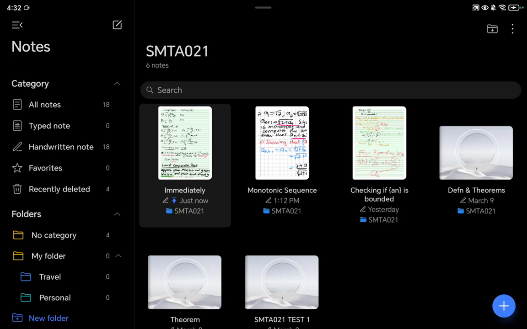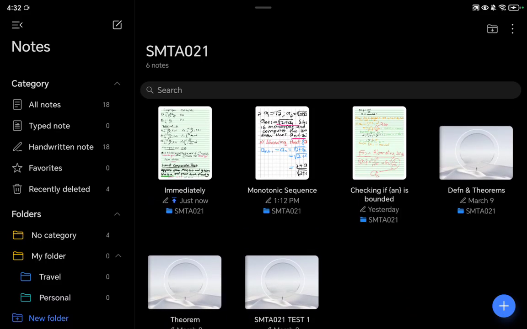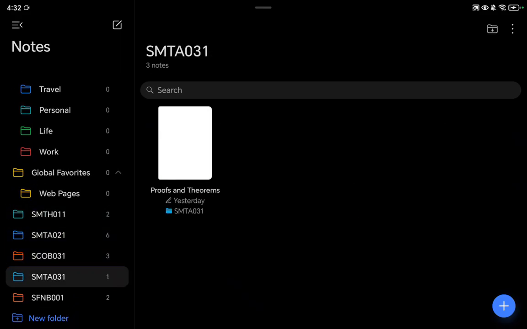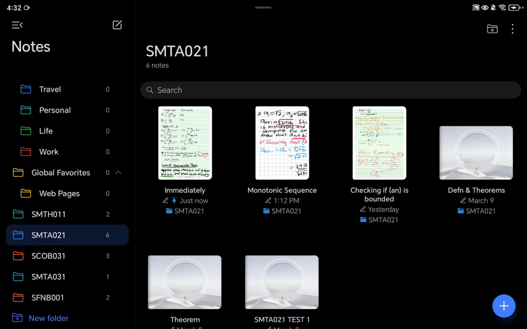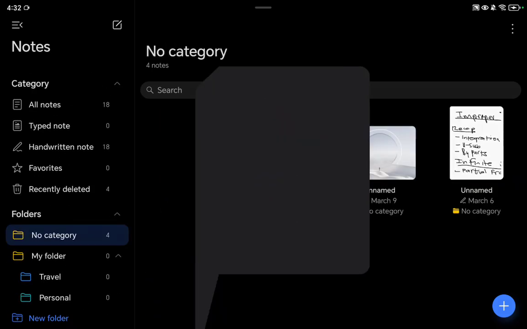So this is a continuation of improper integrals. I think we had, let me check it. I think it's somewhere here. Integrals. I think it's not categorized, right?